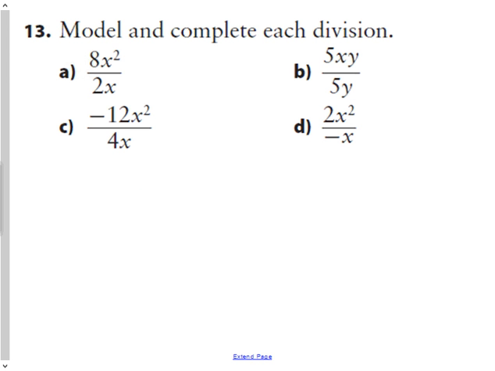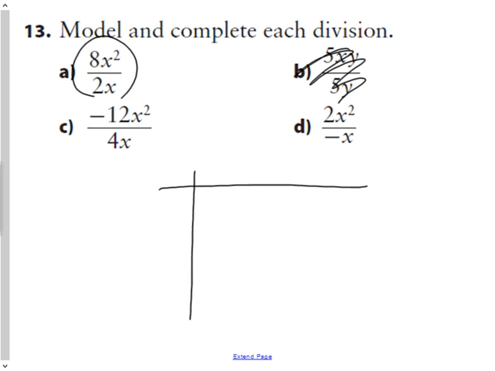Question 13, A, B, C, D. We said we didn't have to do B because we're not going to model with y's. So we'll look at the rest of them. For this one, if you're given 8x squared divided by 2x, so we're going to start with this one. What I would advise you to do is first draw the length that you know. So in this case, 2x. Draw that first. And the reason why is I have to fit 8x squareds into there.